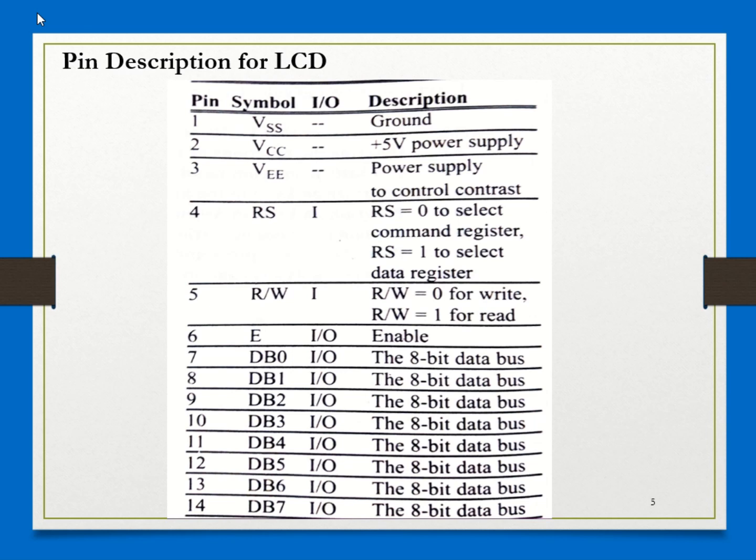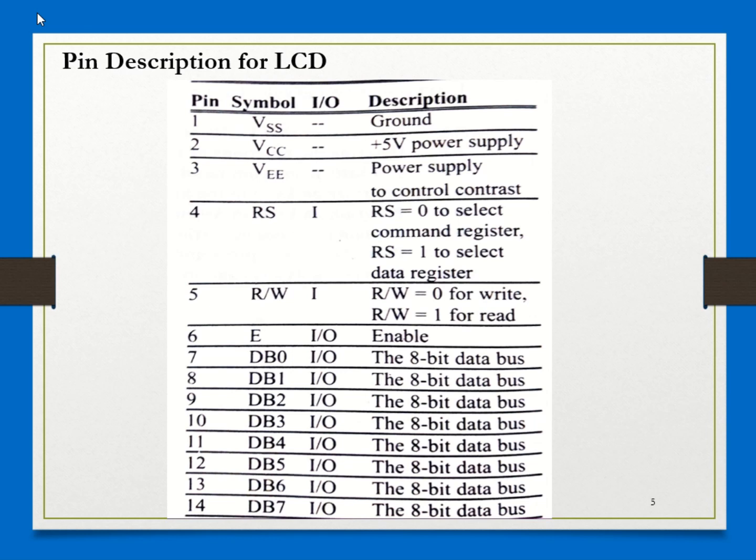There are 2 registers inside, called the command code register and the data register. If this pin is equal to 0, it means you are selecting the command register, and if this RS pin is equal to 1, it means you have selected the data register. So accordingly, the interaction between the user and the LCD will be decided based on this particular pin.